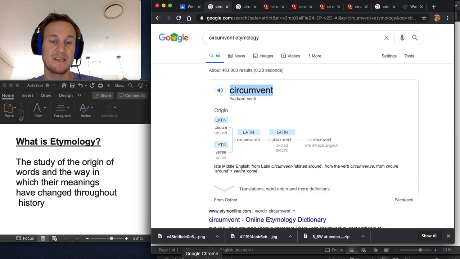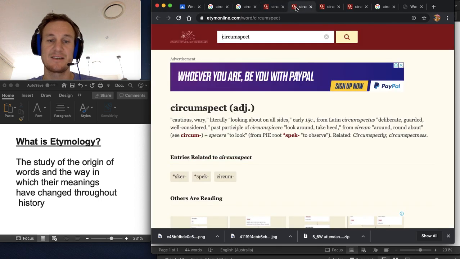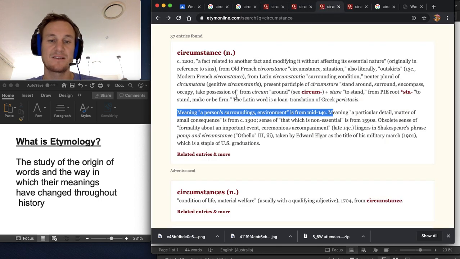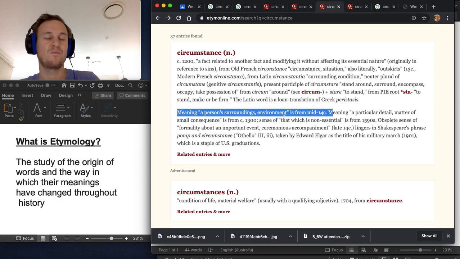Now I've got circumstance. Let's see what happens with circumstance. If we go through here, it means a person's surroundings or their environment. So if you said, what are your circumstances? What are the issues surrounding your environment? Okay. I mean, you can read into it. Sometimes it takes a lot to realize how the word round actually does relate to it.